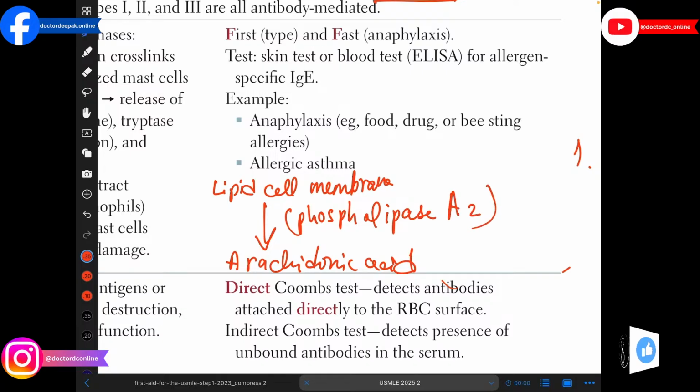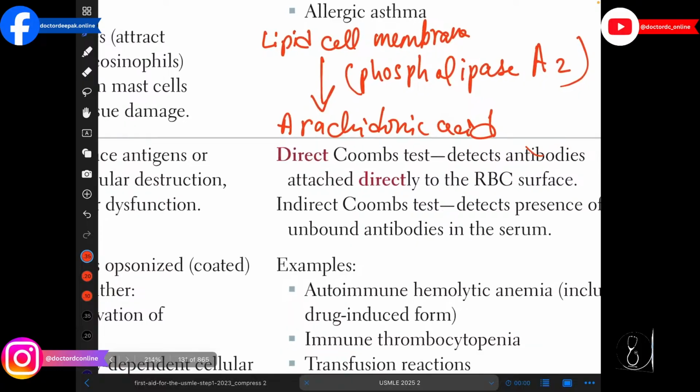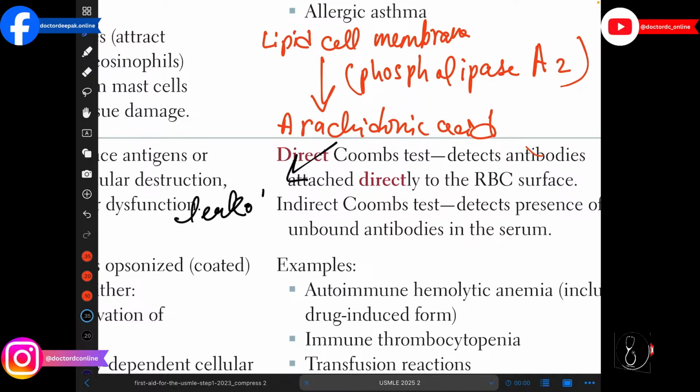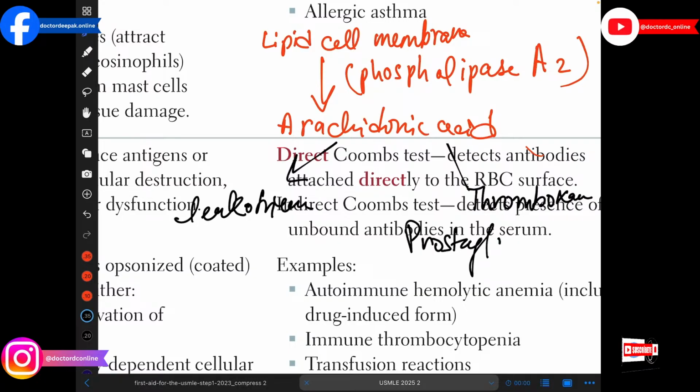That arachidonic acid will convert into leukotrienes, or into thromboxane or prostaglandins.